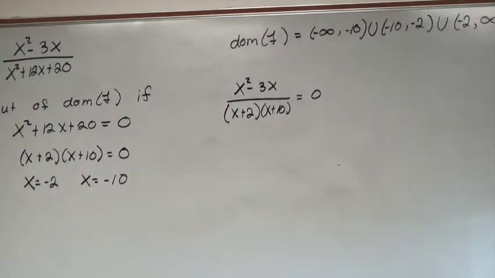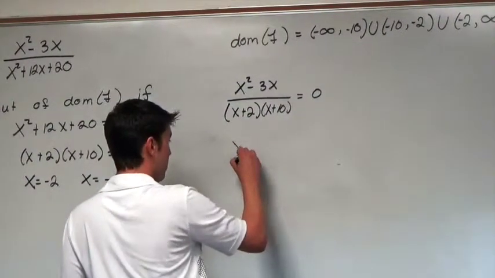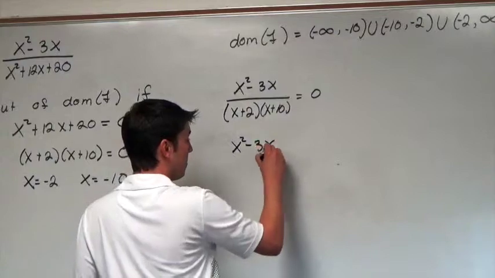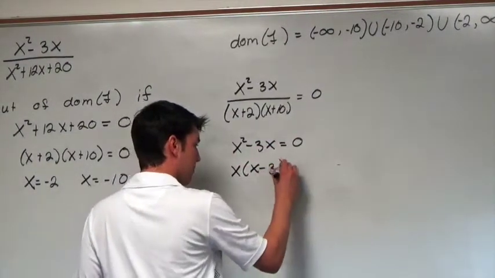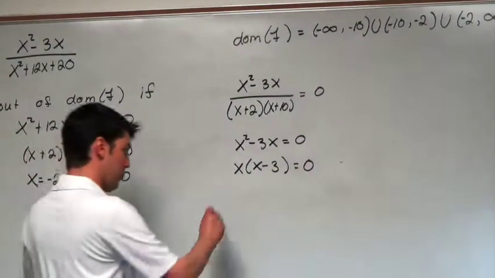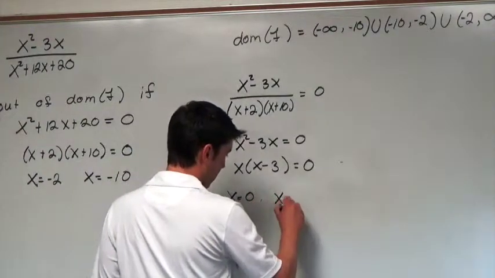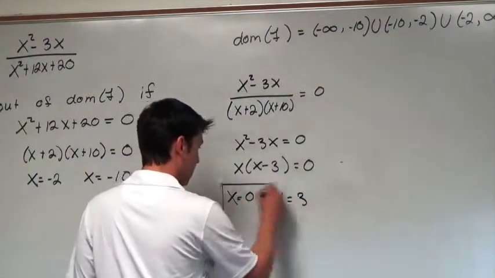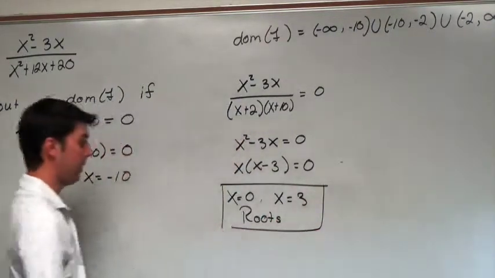A fraction is 0 when its numerator is 0, so set the numerator to 0, and we get, so we see we have roots when x is 0 and when x is 3. So these are the roots.